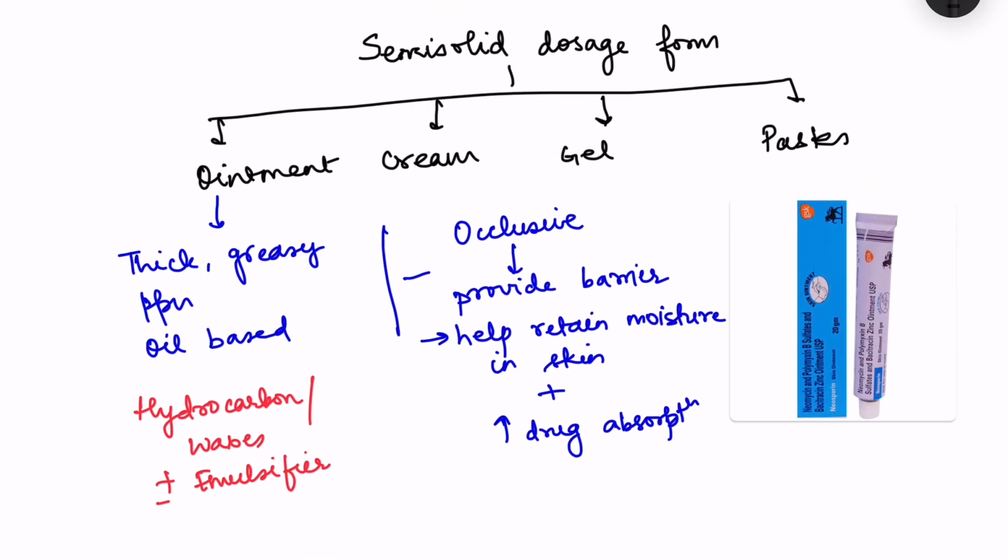So first is ointment and cream. Ointment is much greasier compared to cream. This is a thick, greasy preparation and is oil based. Wherever it is applied, it causes occlusion. Occlusion means it acts as a barrier and helps retain moisture in the skin, and it also increases drug absorption because there is no evaporation and the drug is locked in that particular area.